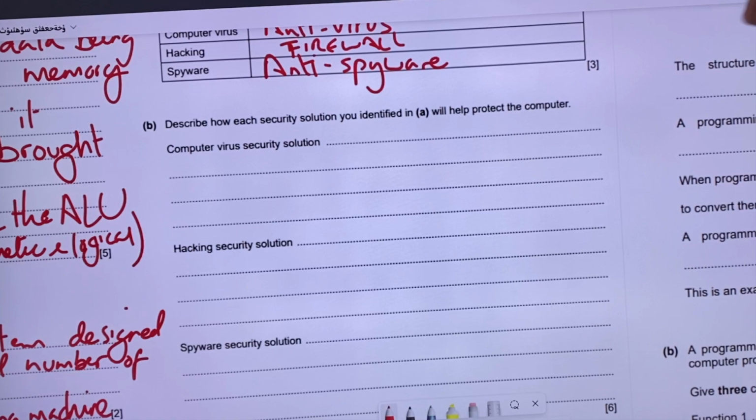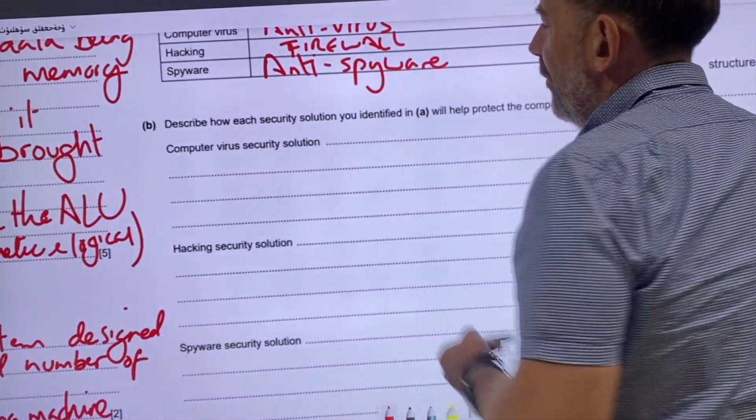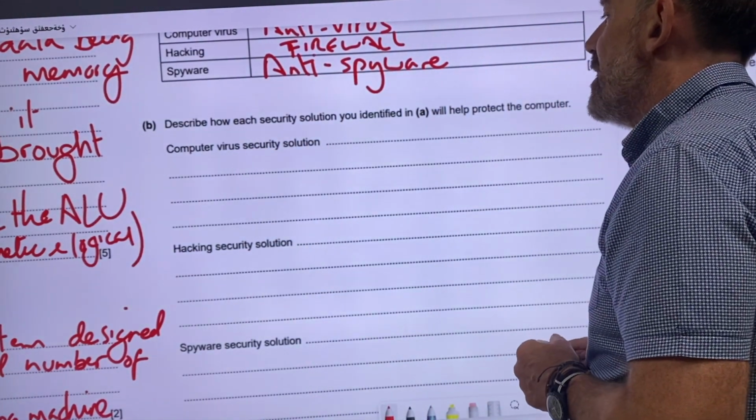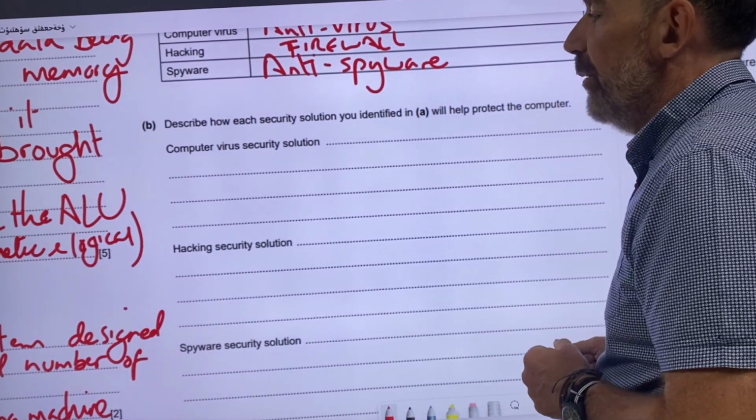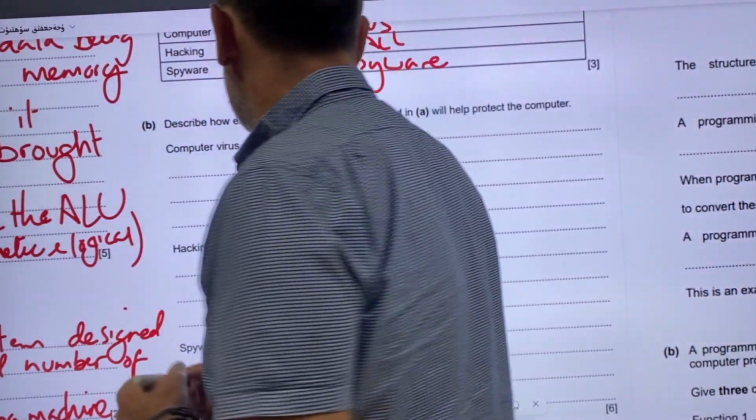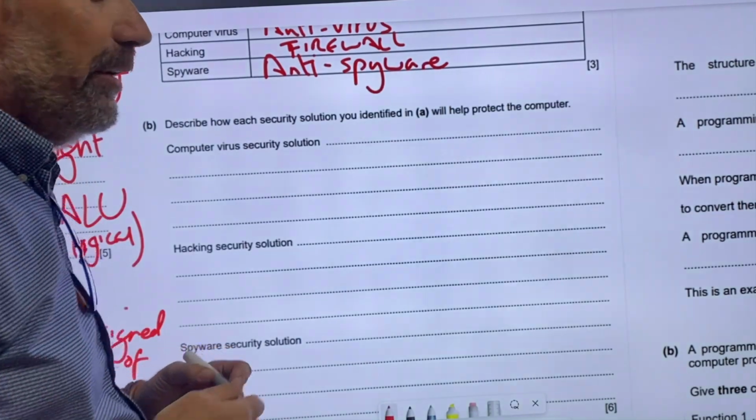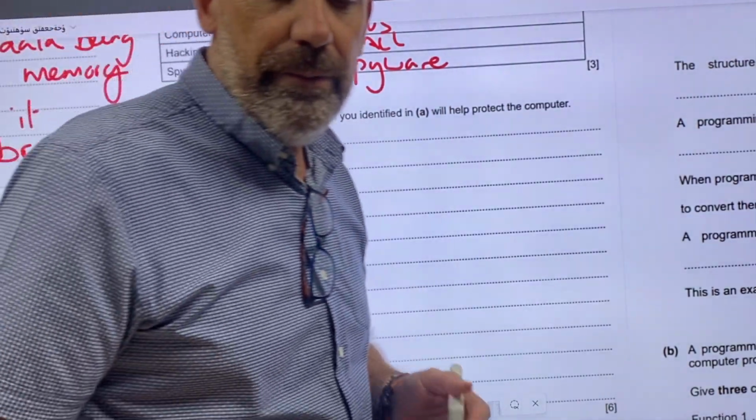Now out of 75. Describe how each security solution you identified in A will help protect the computer. Computer antivirus or computer virus security solution. What will the antivirus do?